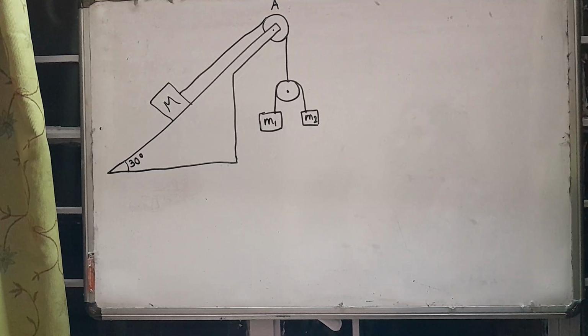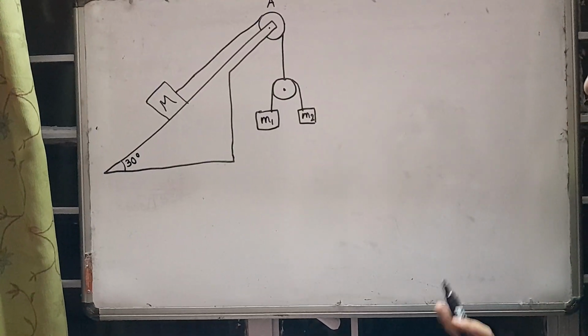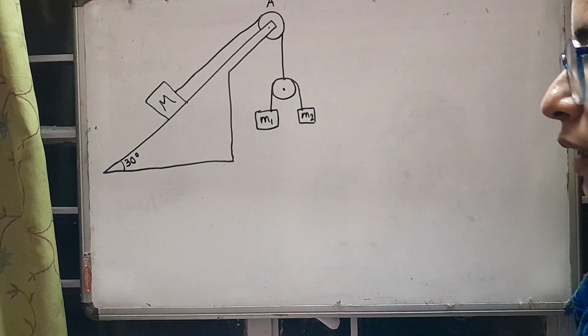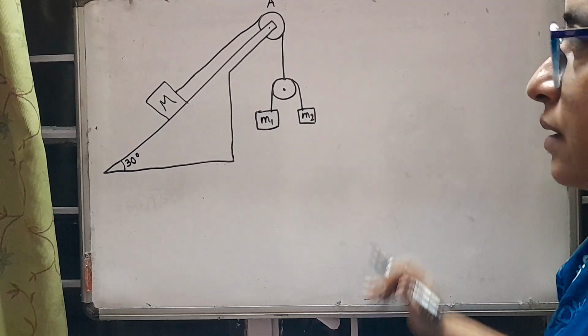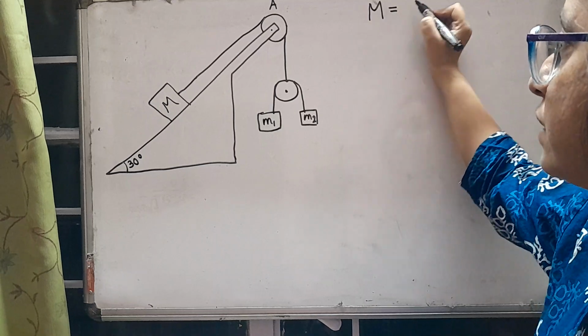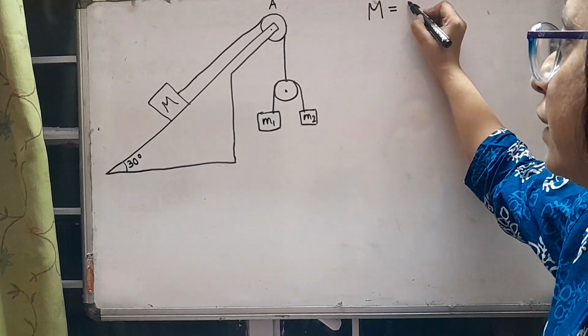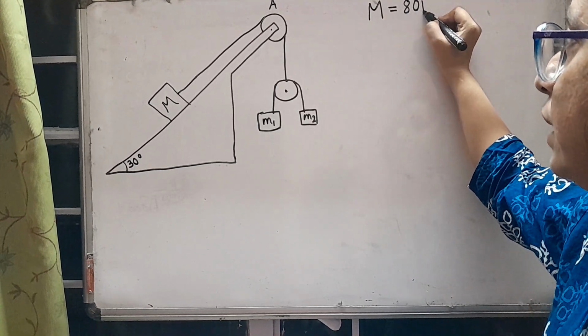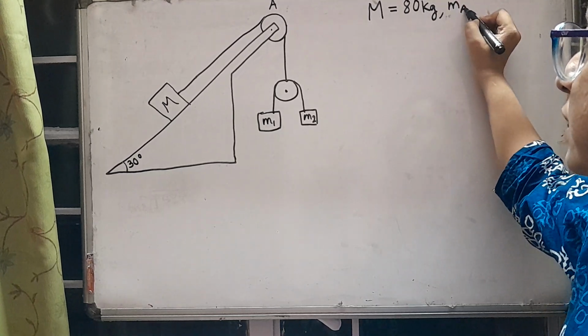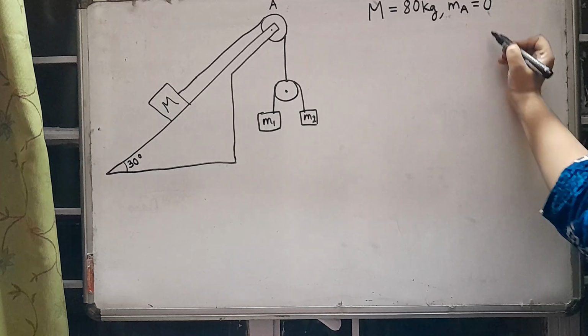So now the problem is to find the acceleration of M1. Now what are the masses? Let M have a mass of say 80 kg. The pulley A is massless, so I write this as 0.